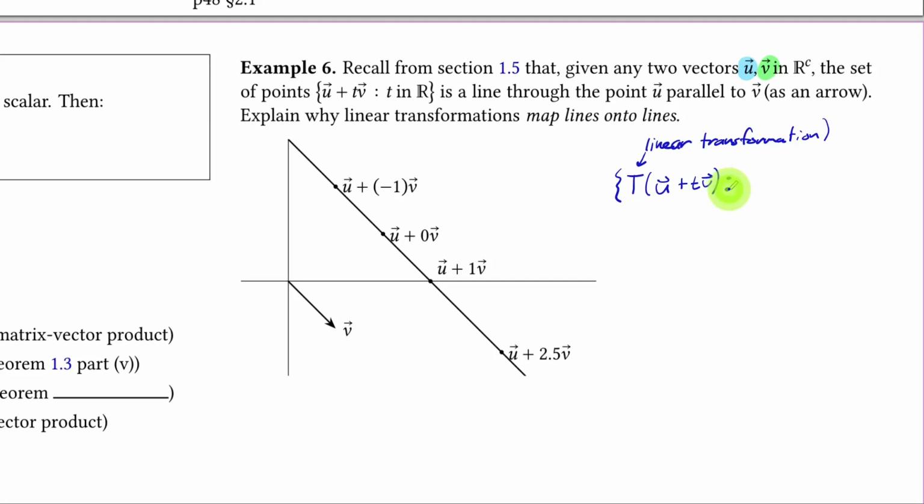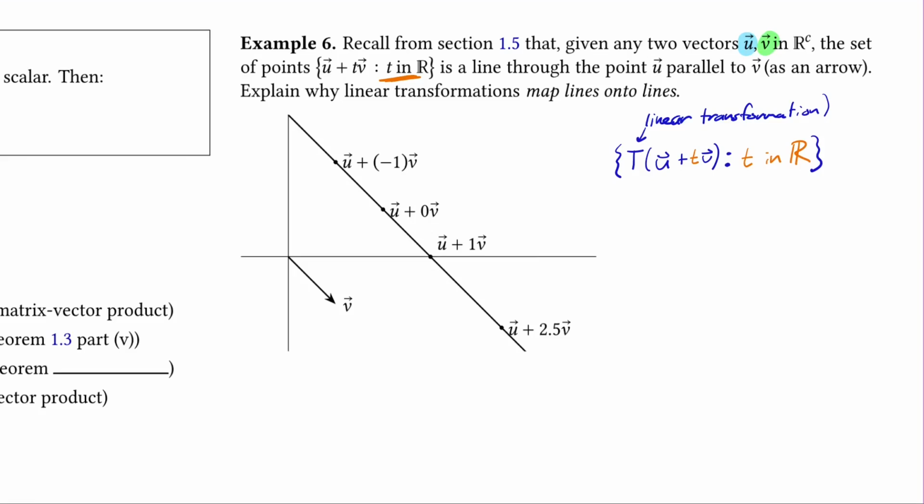And I want to talk about the set of points you get like this, where little t can be any real number in R. So what is the set of outputs that corresponds to input points that are all on the same line given some u and v vectors?